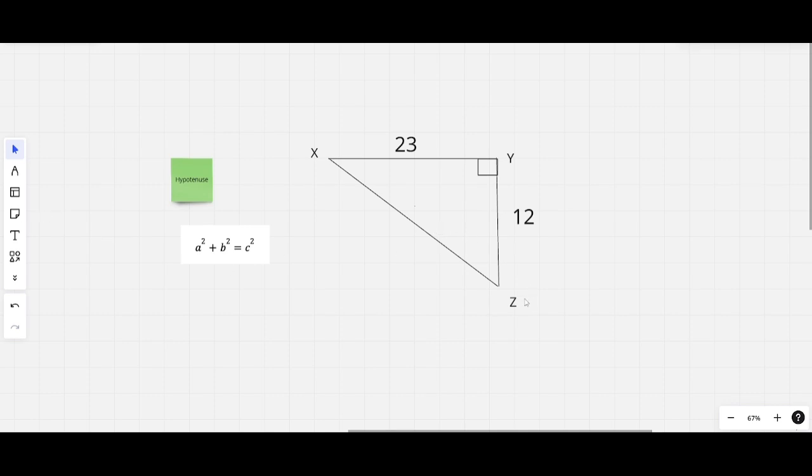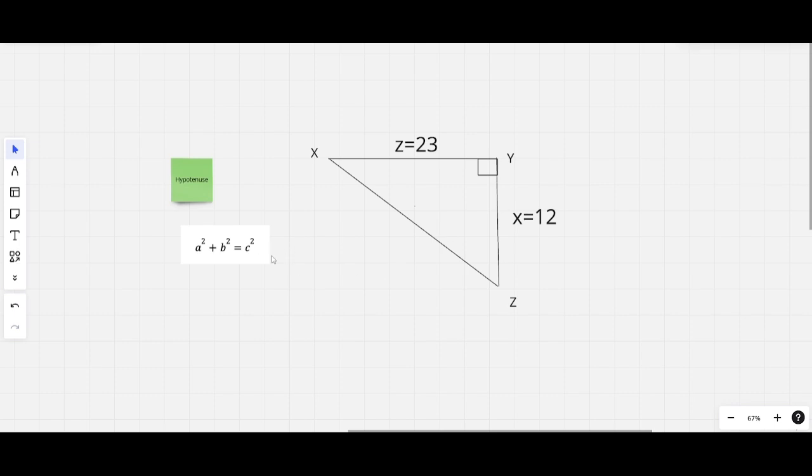Now we know that angle Z, the side opposite to angle Z, is 23. So let's set Z, or lowercase z, as 23, and lowercase x equal to 12.